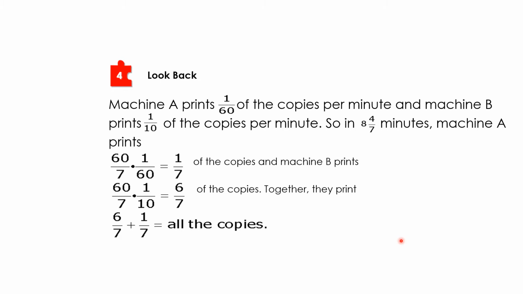So in 8 and 4/7 minutes, machine A prints 60/7 times 1/60, which is equal to 1/7 of the copies, and machine B prints 60/7 times 1/10, which is equal to 6/7. And if we add 1/7 and 6/7, the answer is 1.